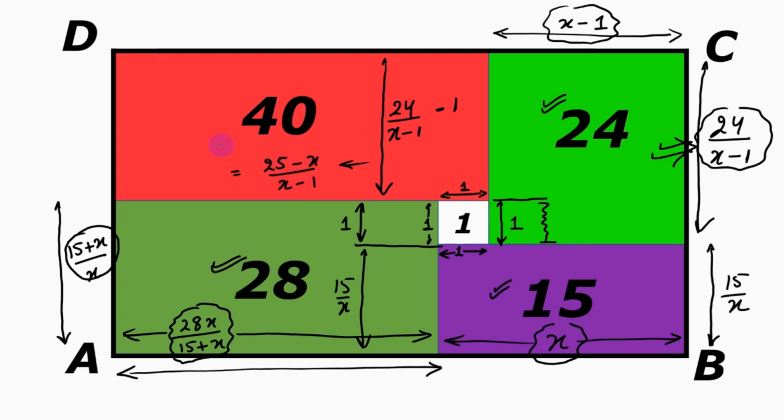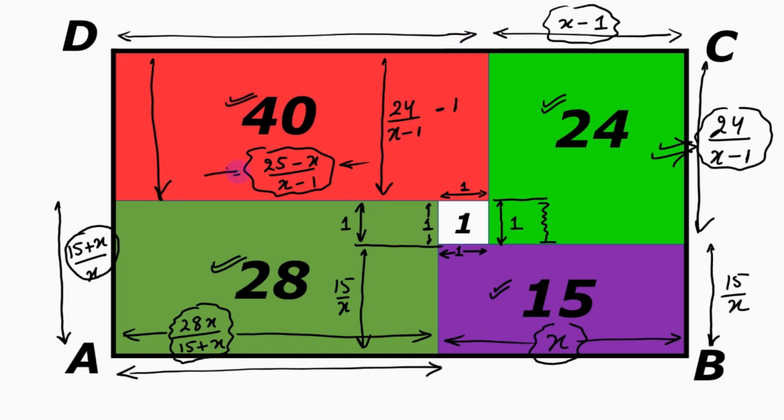So this is the width of this rectangle, and hence the length of this rectangle will be the area divided by the width, which is 40 into (x minus 1) upon (25 minus x).